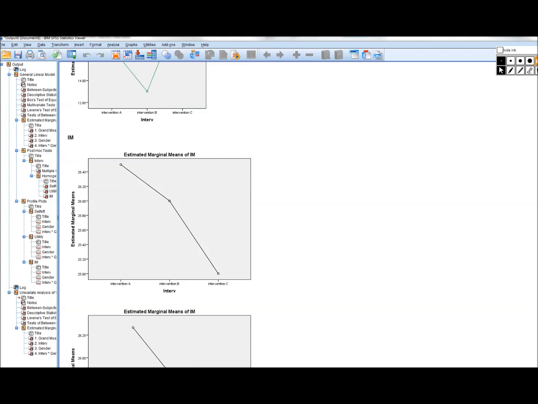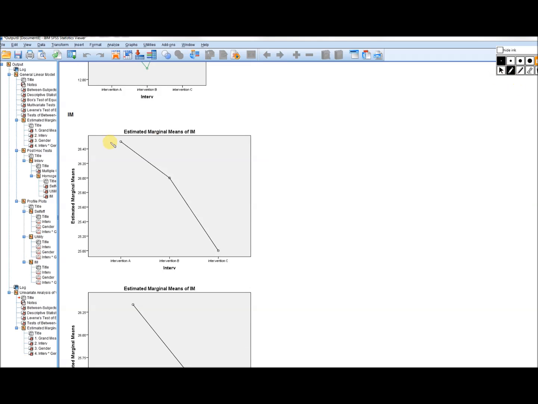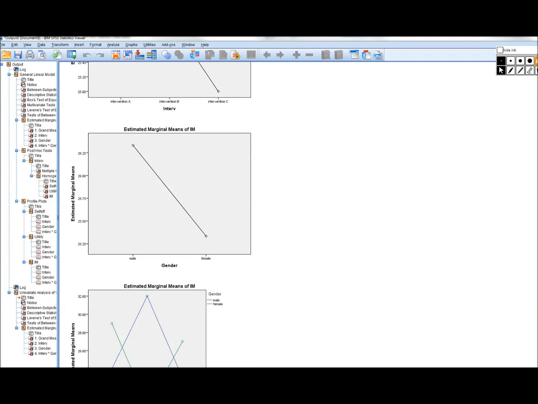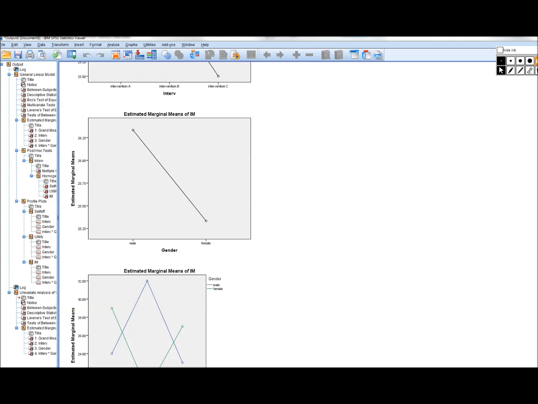Then when we look at intrinsic motivation, you can see that intervention C had the lowest intrinsic motivation, whereas intervention A had the highest, and intervention B had intermediate levels. When we look at gender, males were higher than females.